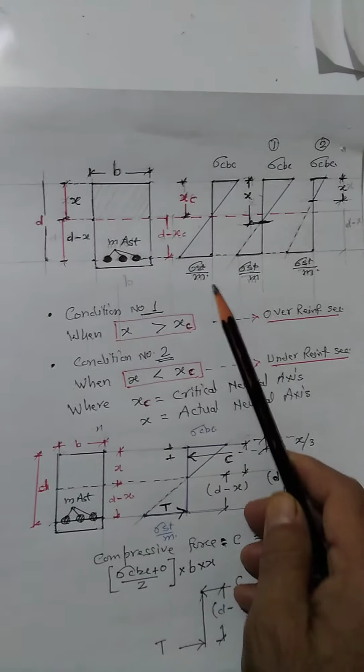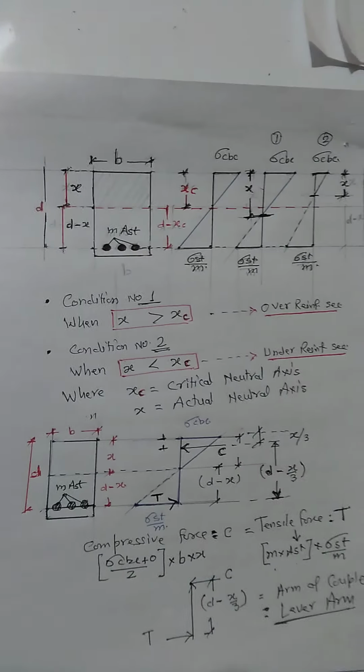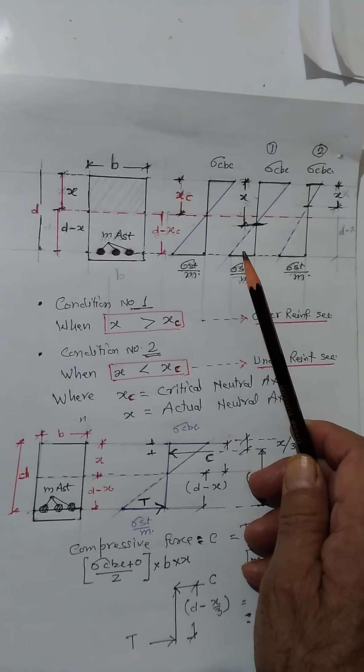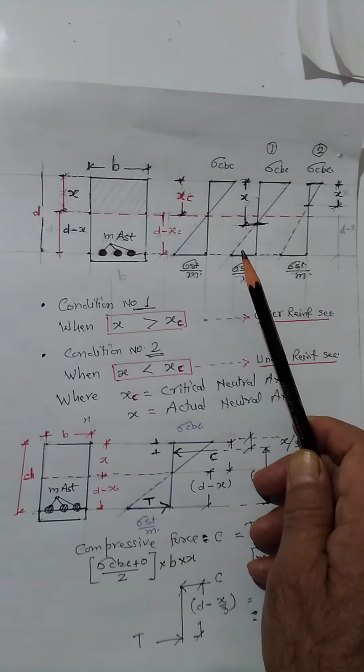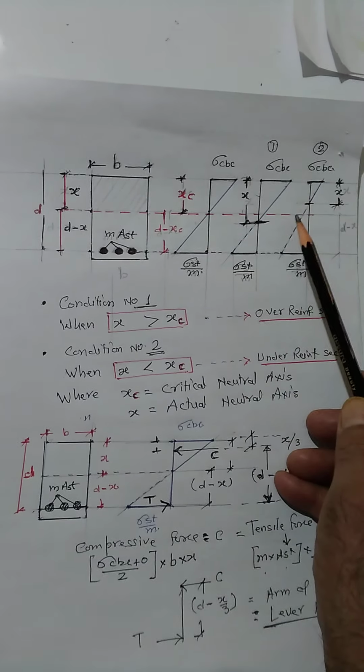Similarly, when we calculate the value of the actual neutral axis using bx square by 2 is equal to m times Ast into d minus x, we find that the actual depth of the neutral axis is either more than xc or less than xc.